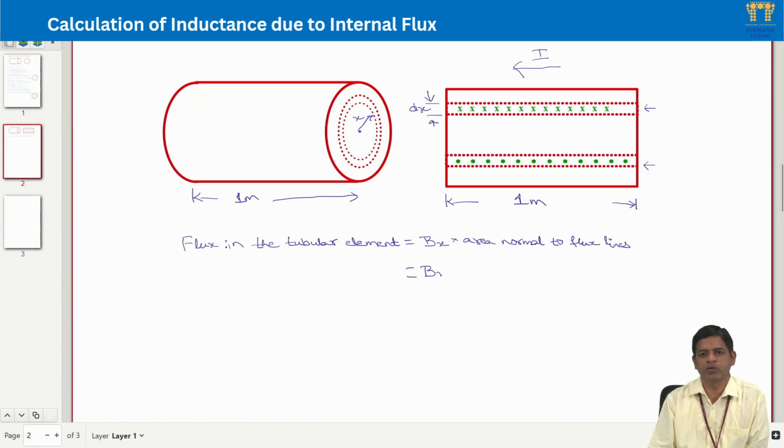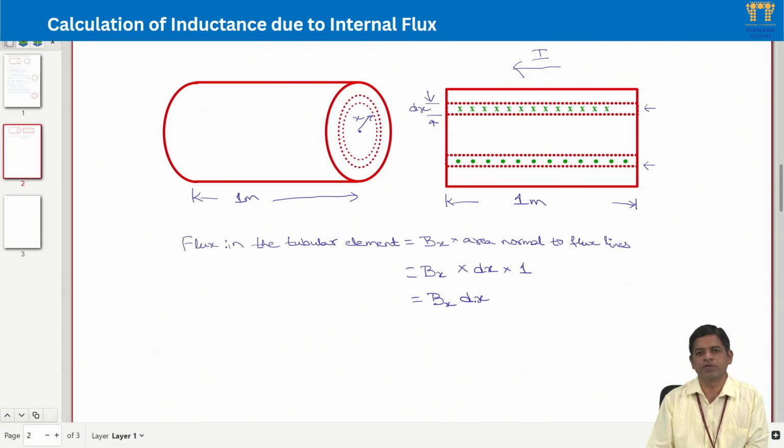That is equal to the width of this tubular element, which is equal to dx, multiplied by the length of the conductor, which is 1 meter. So this ultimately comes to be Bx into dx.